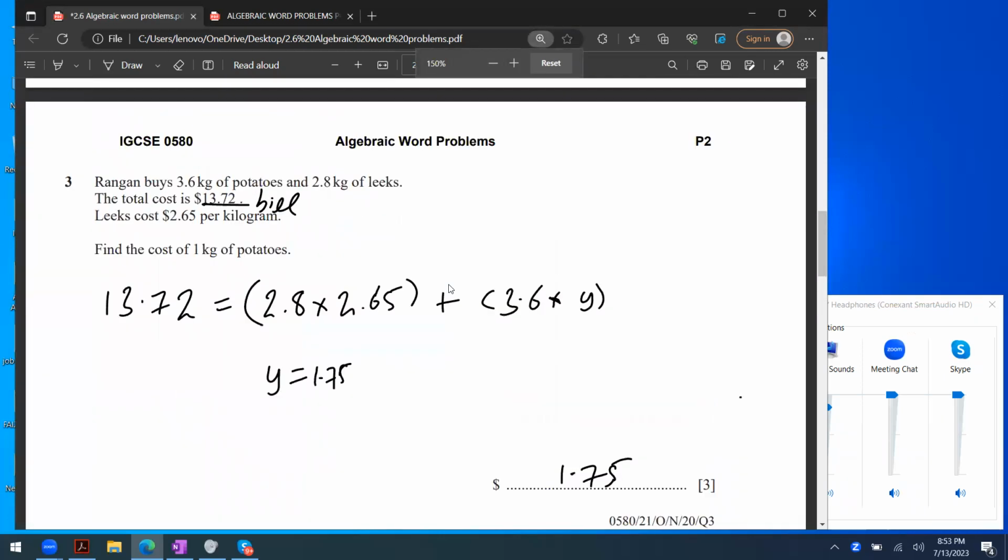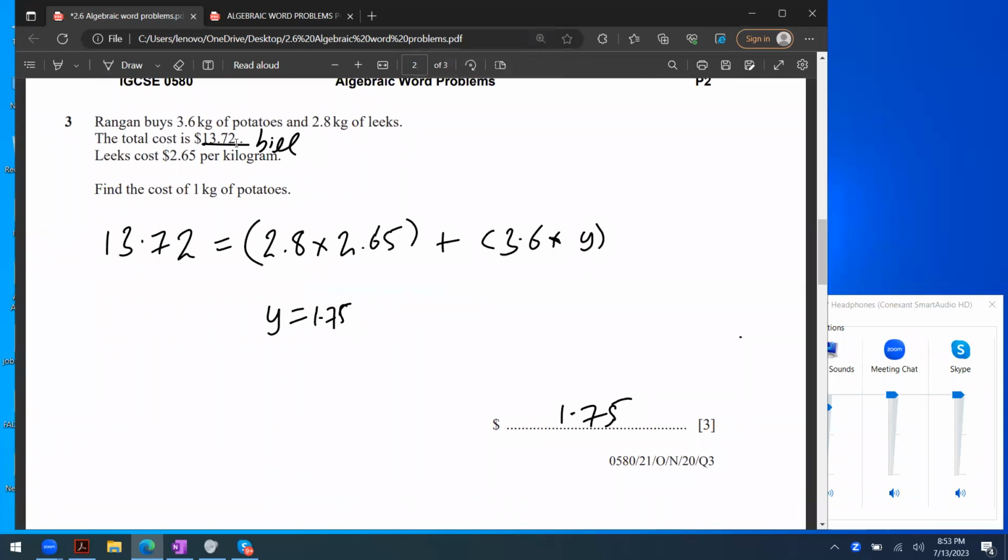The previous one, see, the bill is 13.72. Rangan pays $13.72. So how is the bill calculated? He buys 2.8 kg of leeks, so 2.8 times 2.65, because leek costs 2.65 per kilogram.